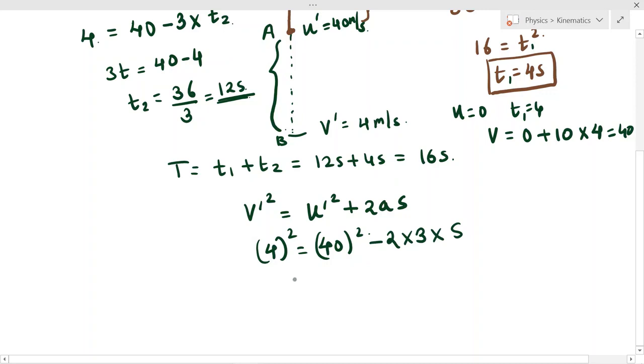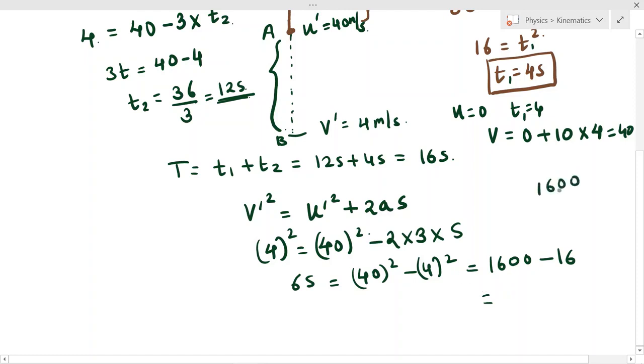So this becomes 6s, which will come towards the left, and this is 40 square minus 4 square, which is equal to 40 square is 1600 minus 16. So what is 1600 minus 16? 1600 minus 16 is 1584.